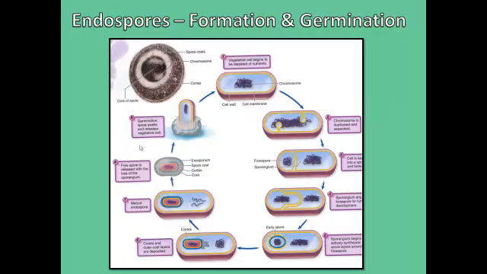After endospore formation is complete, the vegetative cell's DNA is degraded. And the mature endospore is wrapped in multiple protective layers. Now, for germination, the main thing I want you to remember is one endospore forms one vegetative cell. Think that's going to be on an exam?